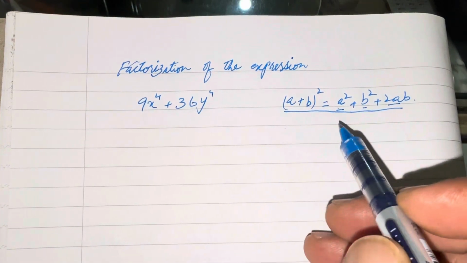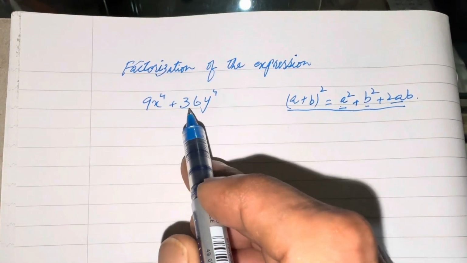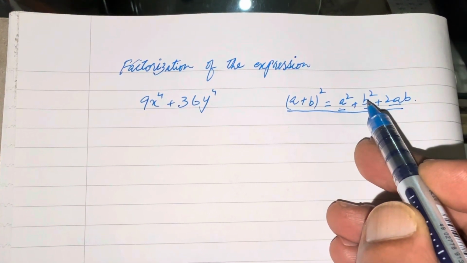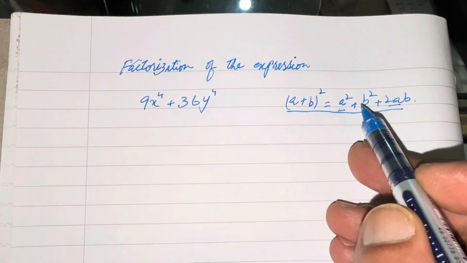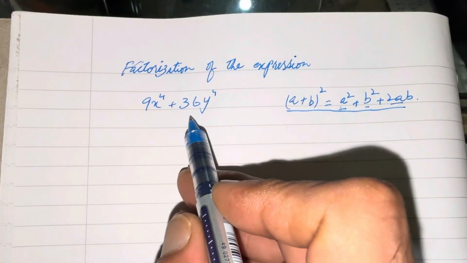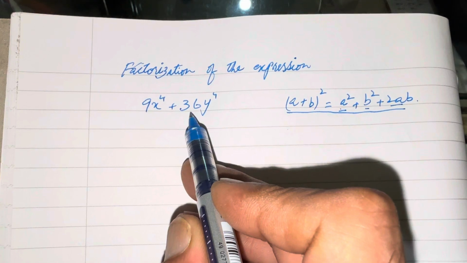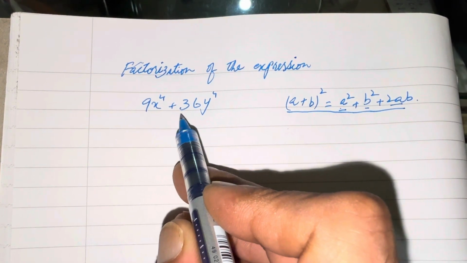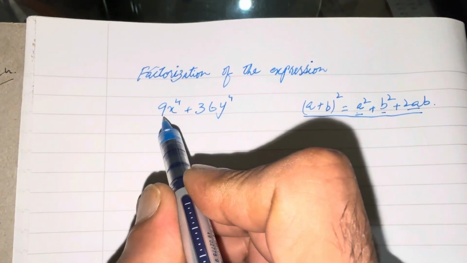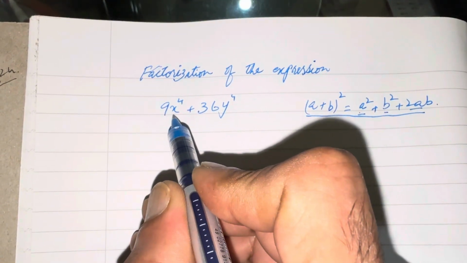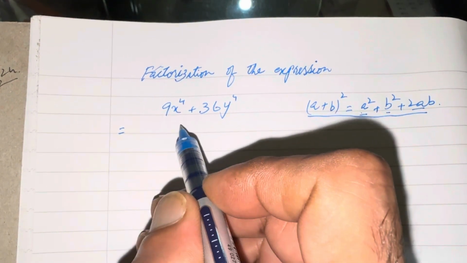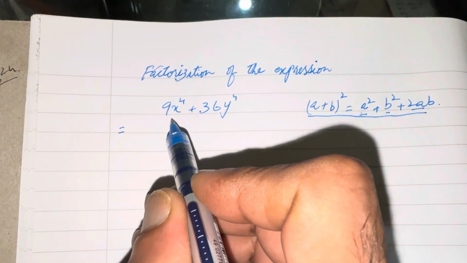Firstly, we are going to change these two terms into the squared form, and then we will see what we have to add and subtract to make this expression a complete square. सबसे पहले हम ये देखेंगे कि 9x raised to power 4, how can it be written to complete the whole square.